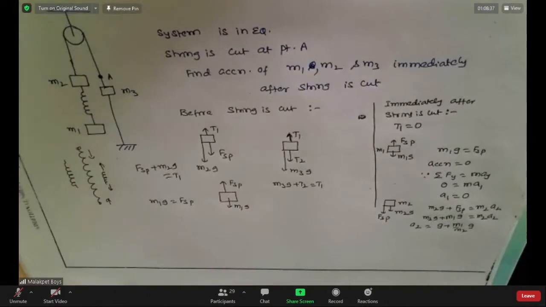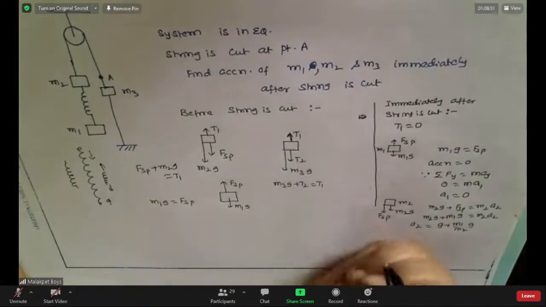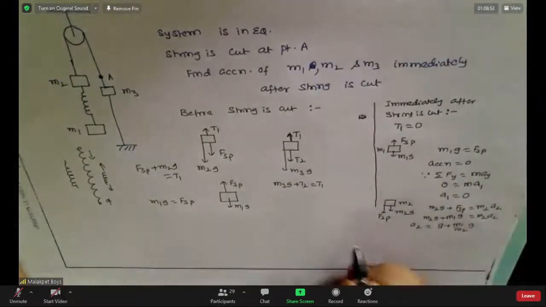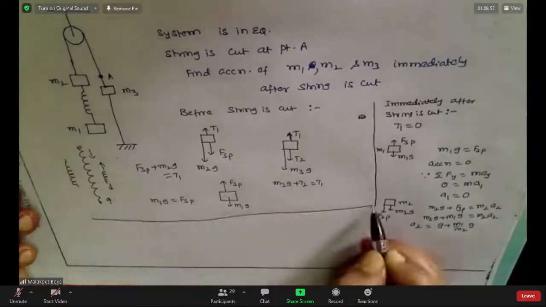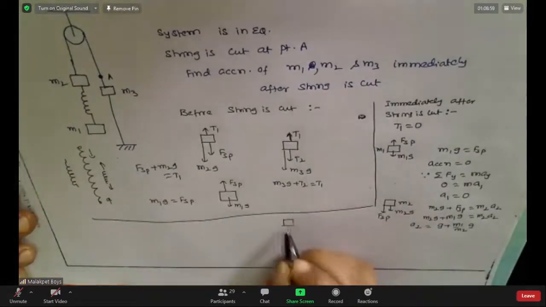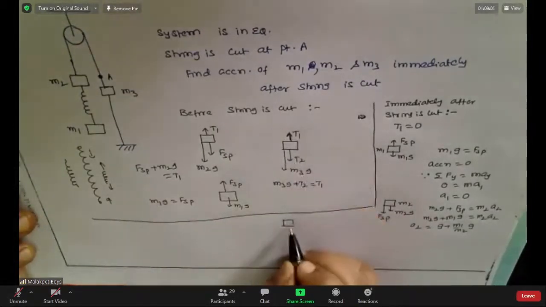Yes, sir. Clear? Yes, sir. Actually, this T2 will be... Shall I turn this? Okay, I'll draw here. M3. See, when this is cut, this tension will become 0 now.